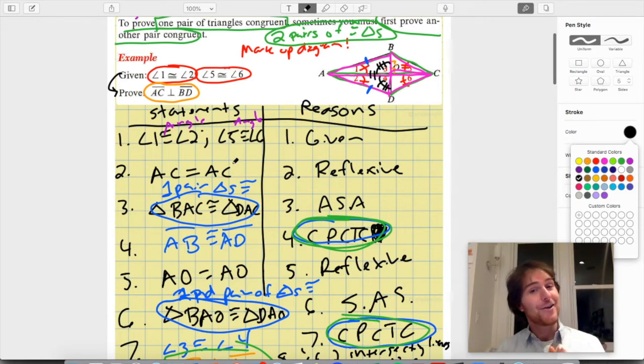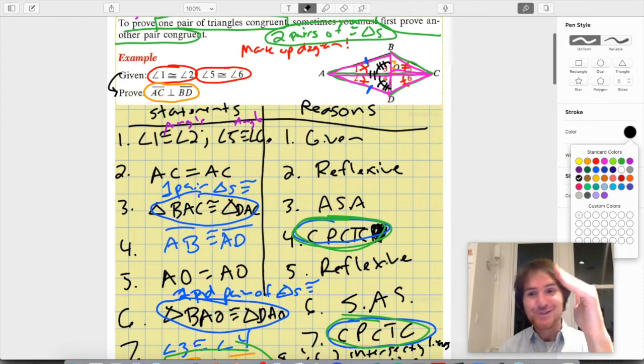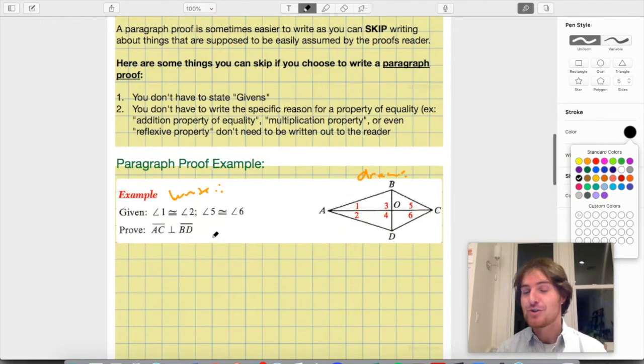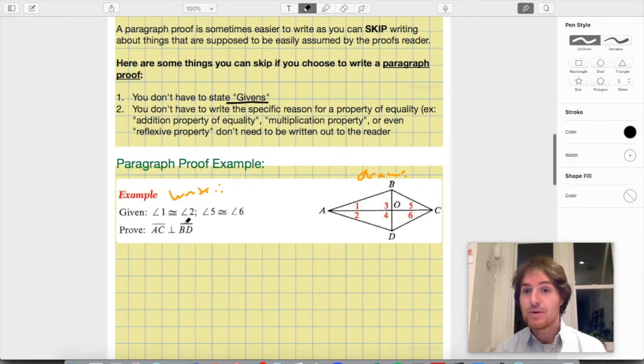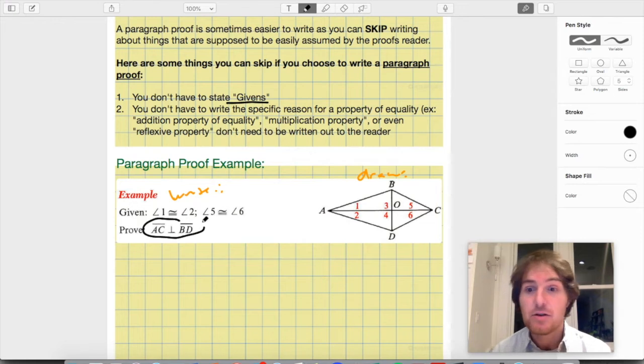If you write a paragraph proof, you don't have to write your givens. So 2-column proofs, you gotta write those givens out at the beginning, that you're using in your chain of reasoning. Here, it can be assumed you're using the given premises. So you don't have to write the givens here because they're written up top, and we can start talking about why we know that AC is perpendicular to BD right away, rather than just restating something that is a given premise of the problem.